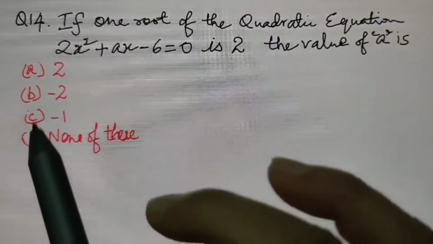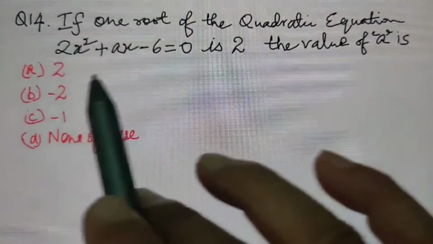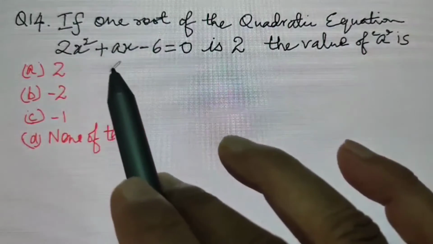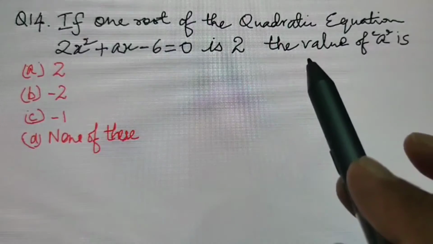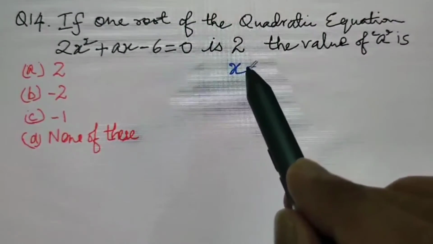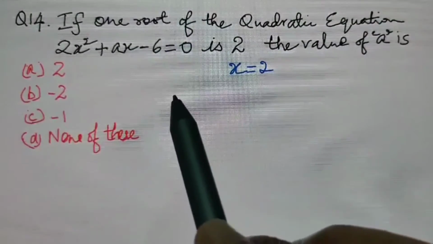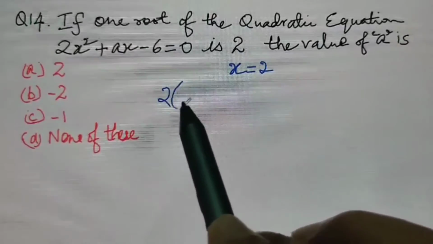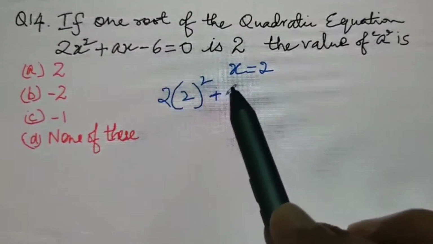Great, we will be solving question number 14, which is the last question in section A. If one root of the quadratic equation 2x squared plus ax minus 6, which is equal to 0, is 2, then we have to find the value of a. Now we have been given the value of x as 2, so we are going to put the value of x in the required quadratic equation and then solve for a.